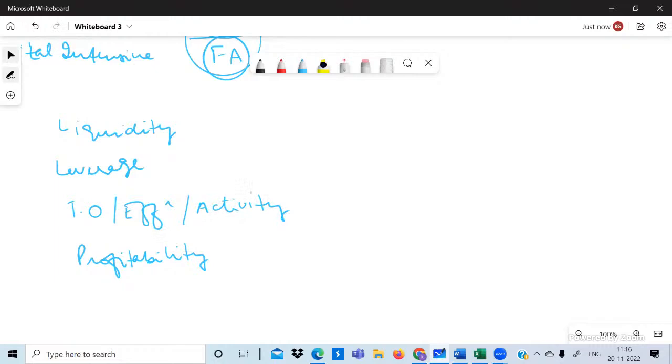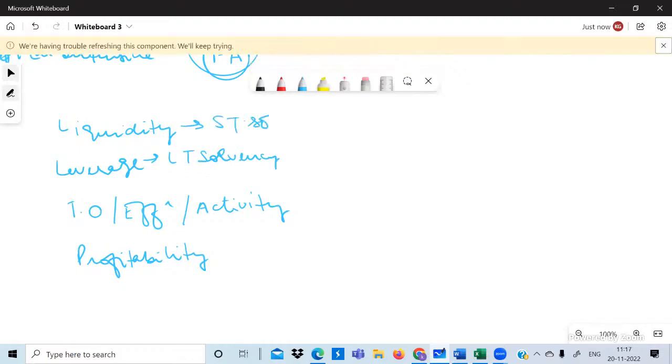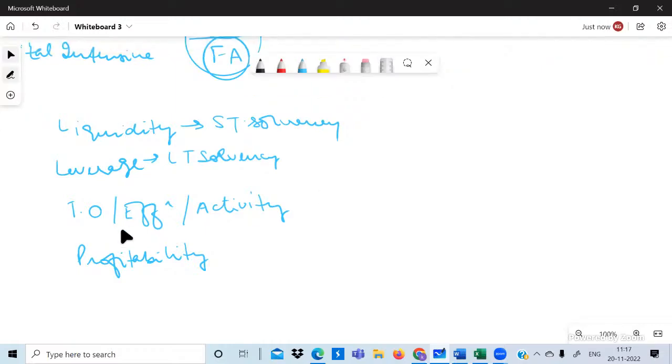So you have liquidity ratios, leverage ratios. These basically deal with your long-term solvency. And liquidity deals with your short-term solvency. So you have 4 categories of ratios: liquidity, leverage, turnover, and profitability and valuation ratios.